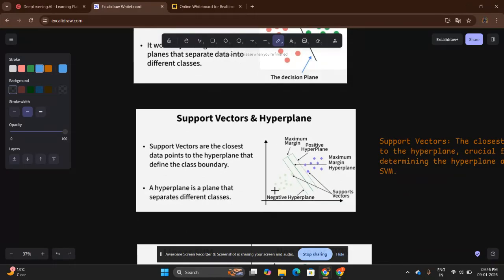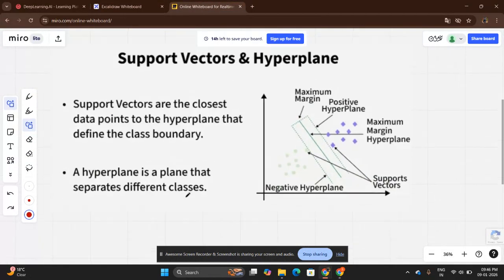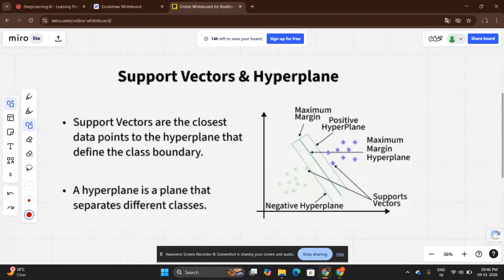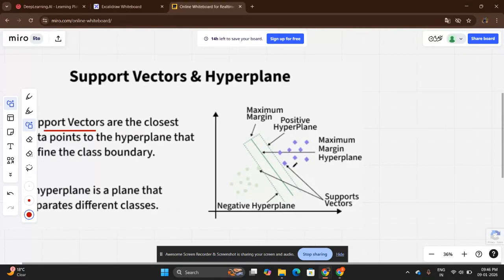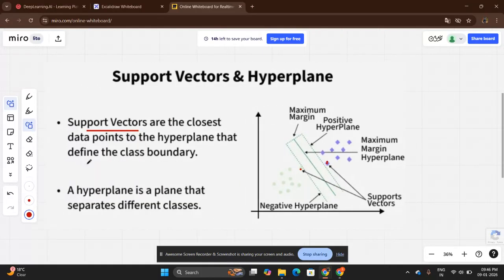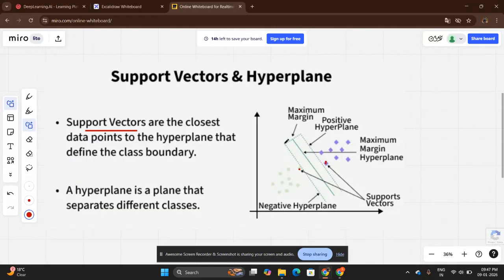Let's see the second picture. It tells about the support vectors and the hyperplane. What are the support vectors? The support vectors are the data points closest to the hyperplane. Over here, this one is a support vector, this one is a support vector, which are closest to the hyperplane, and they define the class boundary.